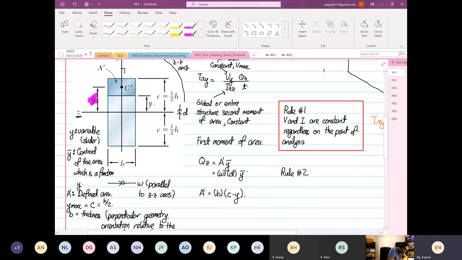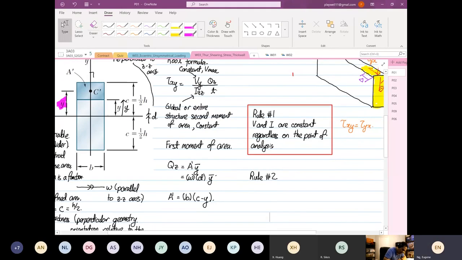So rule number 2, by finding the first moment, by finding the area, is that the datum of the analysis is at the centroid. So this is your rule number 2.